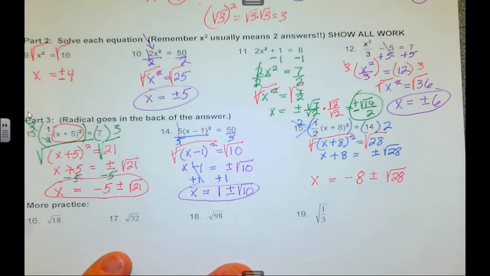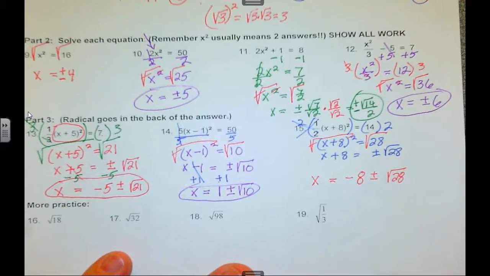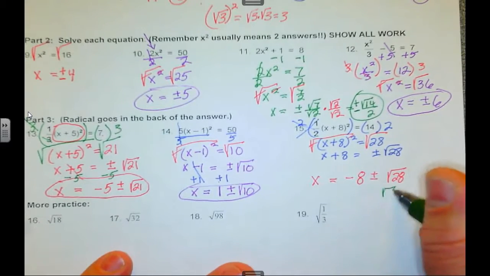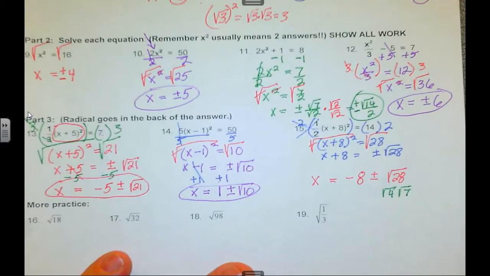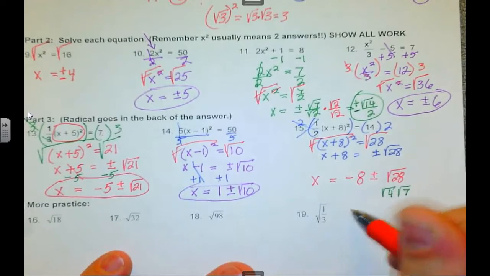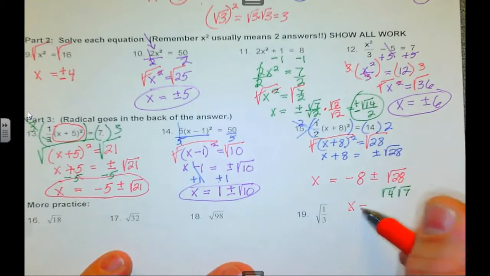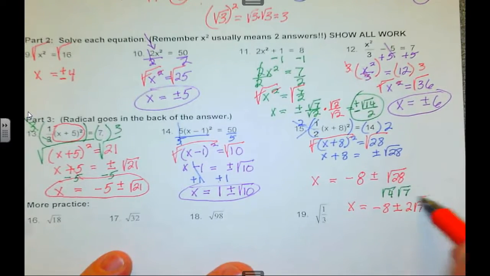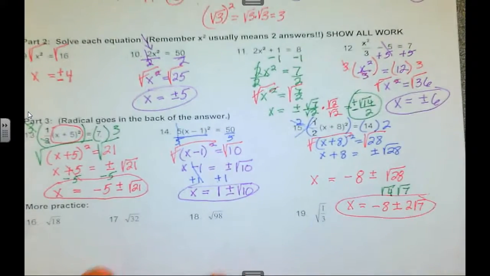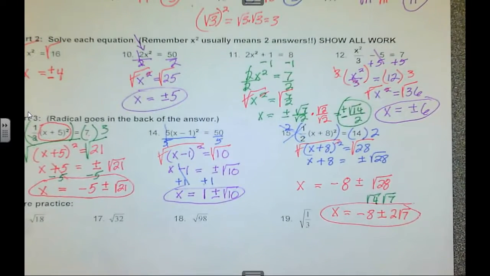No, because we can simplify the square root of 28. The square root of 28 is the square root of 4 times the square root of 7. So x equals negative 8 plus or minus square root of 4, which is 2, square root of 7.